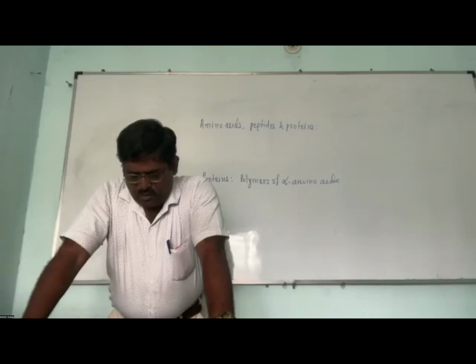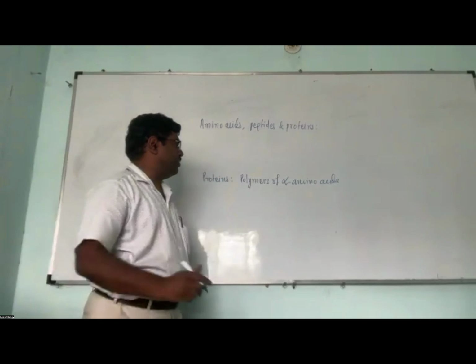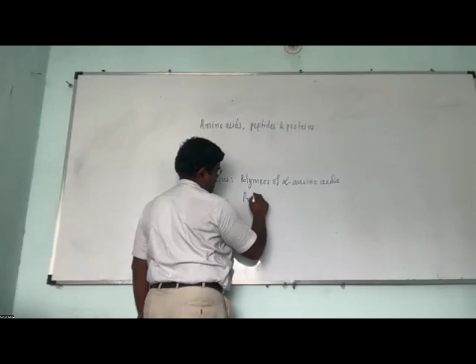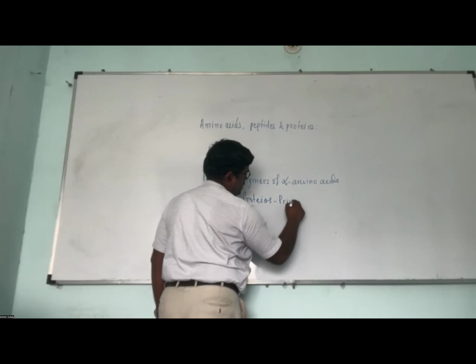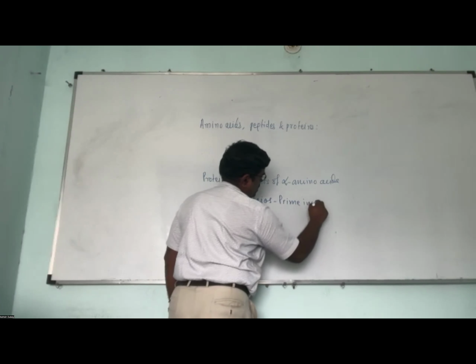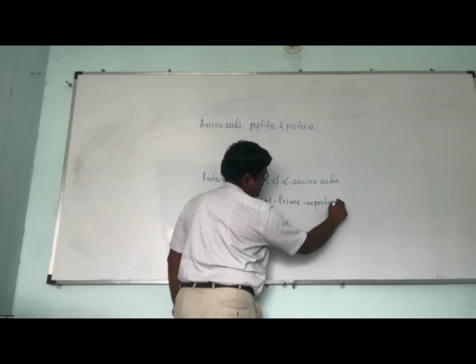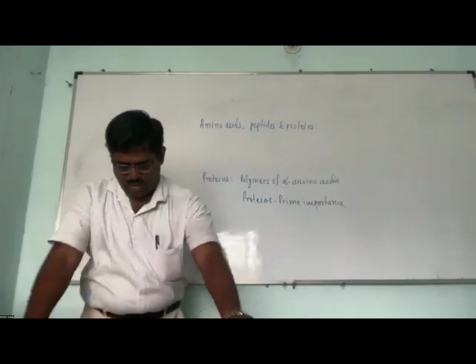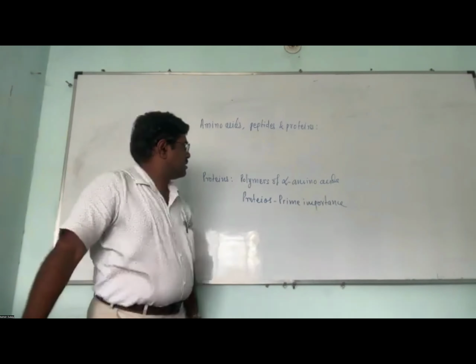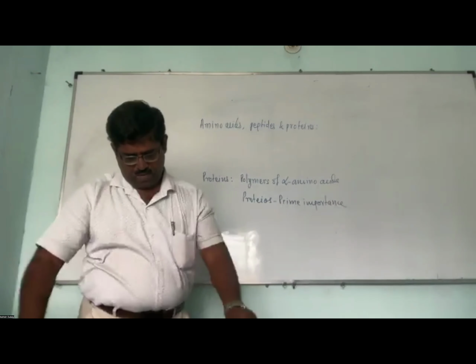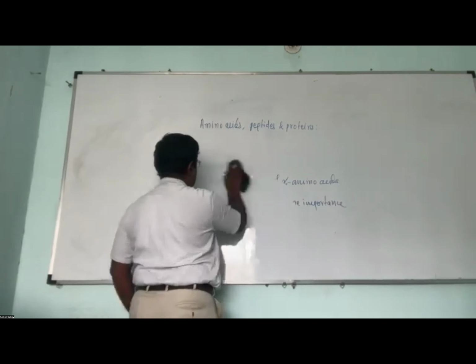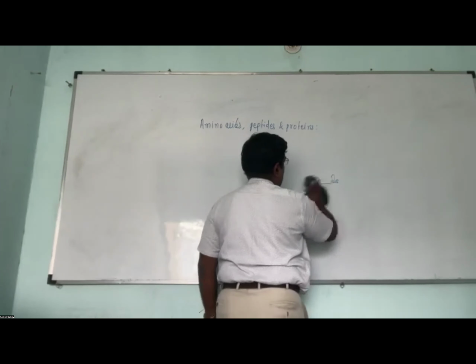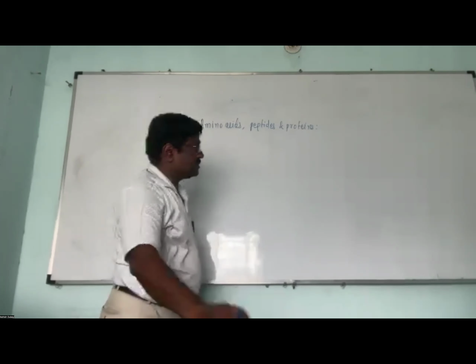The word protein is derived from the Greek word proteos, which means prime importance. Now, proteins are classified into two types: fibrous proteins and globular proteins.